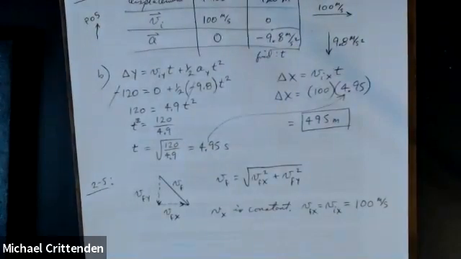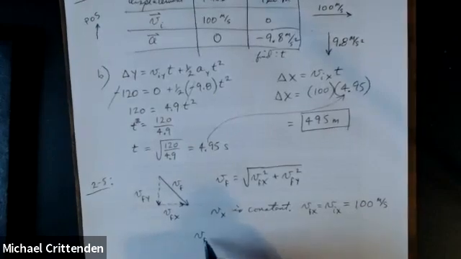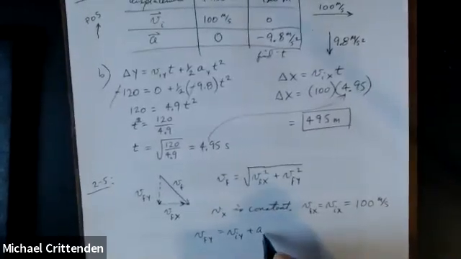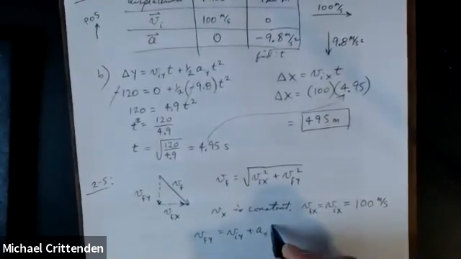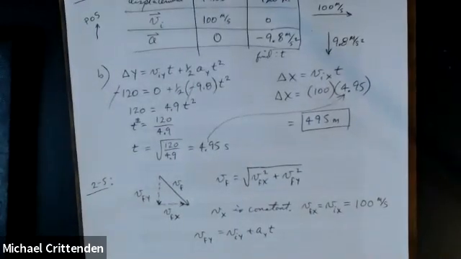So that gives us several options for how to calculate v final. The one that I used is v final equals v initial plus at. Another possibility is you could use v final squared equals v initial squared plus 2a delta x.